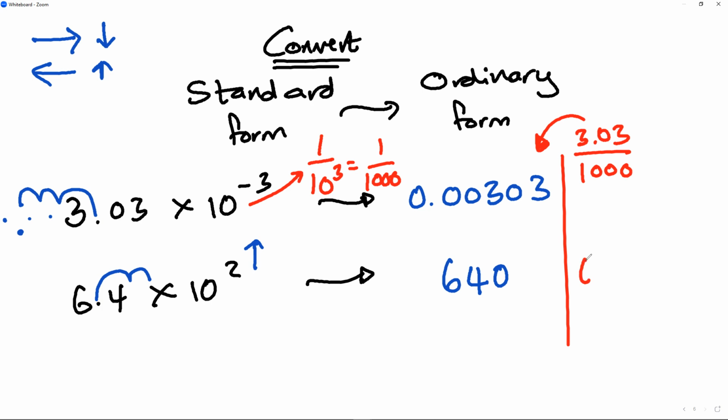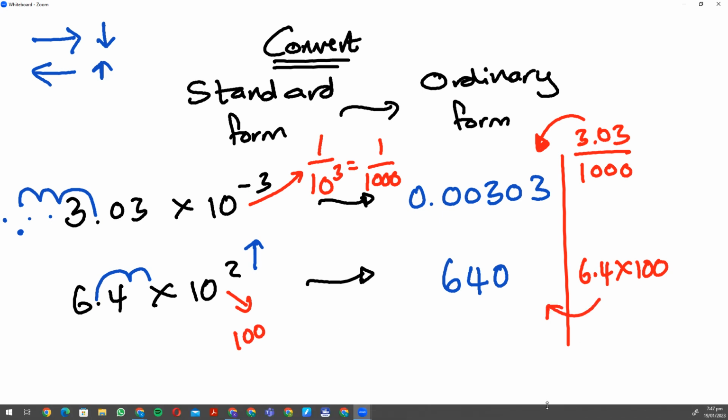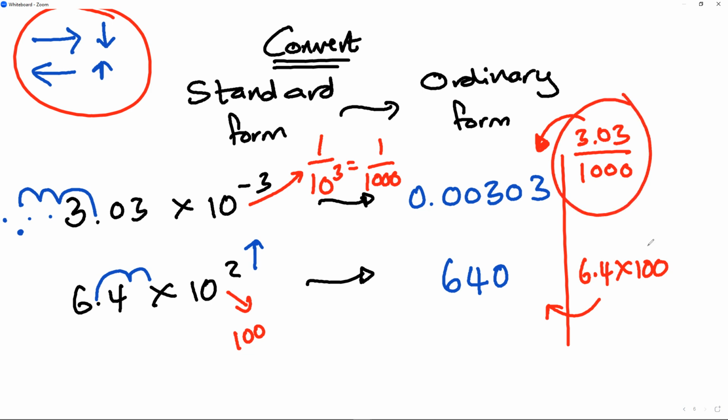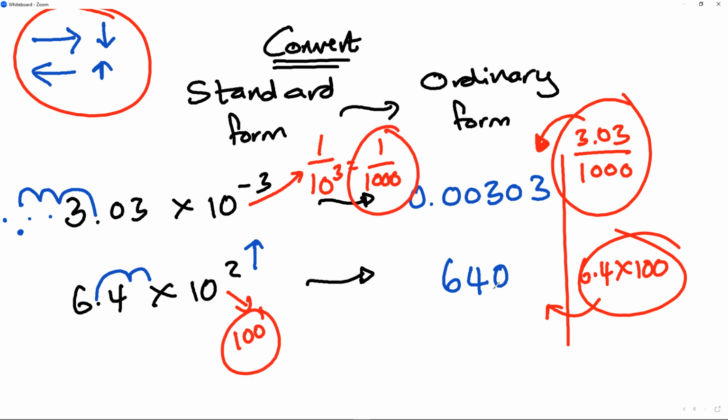And this one here would be 6.4 times 100, because 10 to the power of 2 is 100, and that gives you 640. So there's two ways of doing this. Method 1, using the reverse of that, starting from the power, and method number 2, changing the 10 into a number or a fraction, and then multiplying it by the initial number.